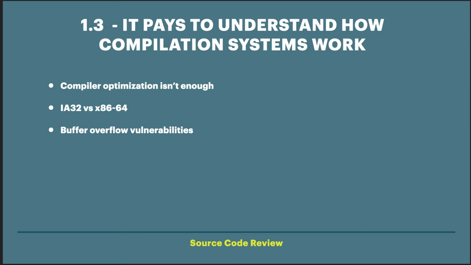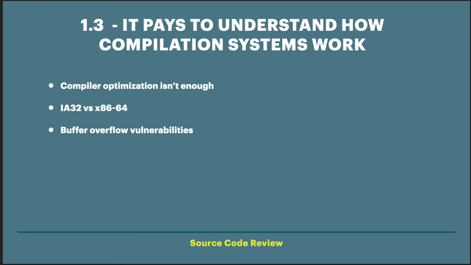However, of course, it isn't enough because a compiler isn't all-knowing, and you're better off writing the quicker code first. Now, IA32 and x86-64 are instruction set architectures, basically, and those are two common ones. Although we'll get into this more in the book and later in a different section, an instruction set architecture basically describes what instructions a computer can do.